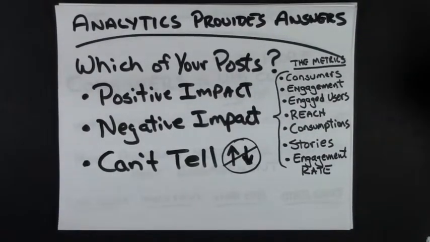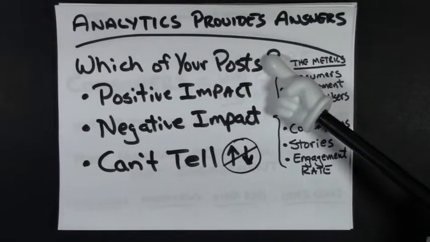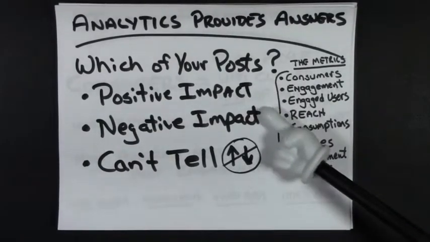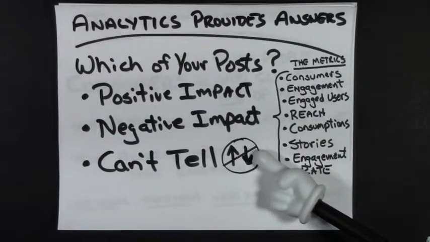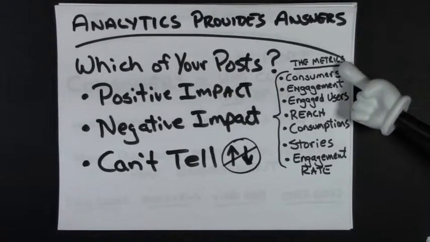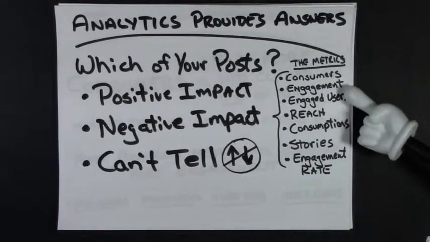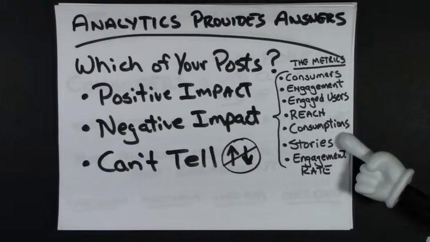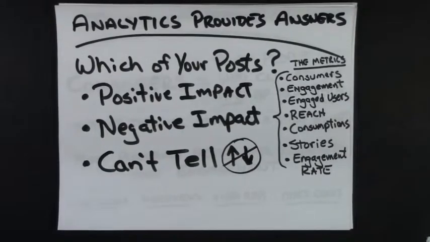Analytics will provide answers. Which of your posts has a positive impact, a negative impact, or you just can't tell, in its relationship to metrics like consumers, engagement, engaged users, reach, consumption, stories, engagement rate, and more.